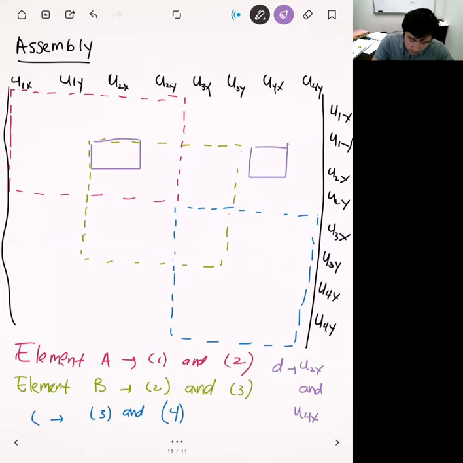Because that's the U2X column, U2X row, U2X row, U4X column, okay? Then we go to the U4X row and the U2X column. And so we have that one right there, okay? And then finally we go to the U4X column, U4X row, which is that one right there, okay?